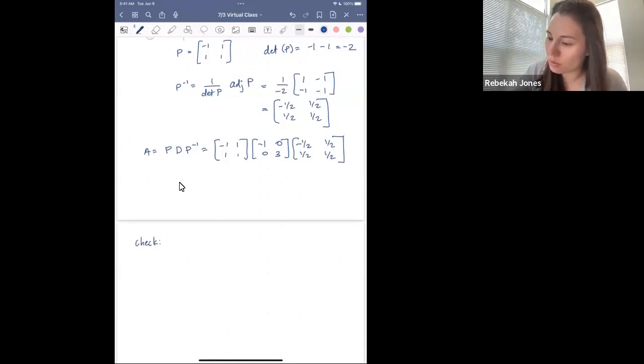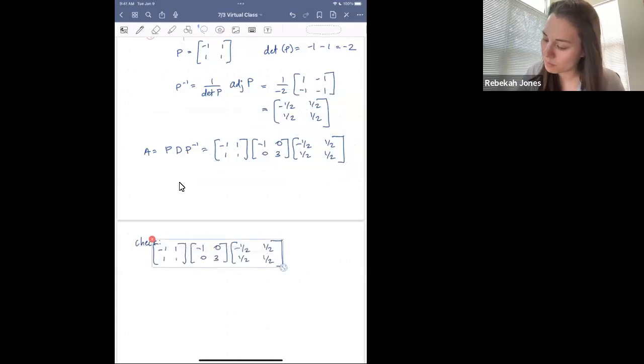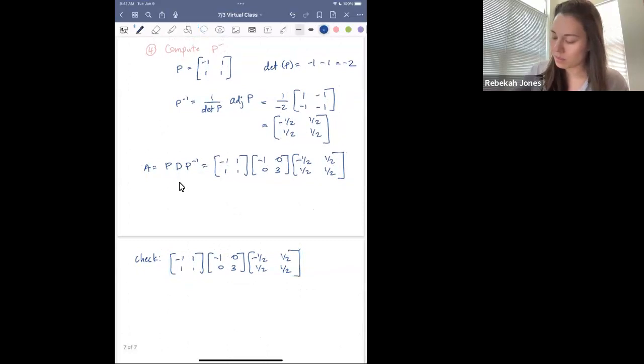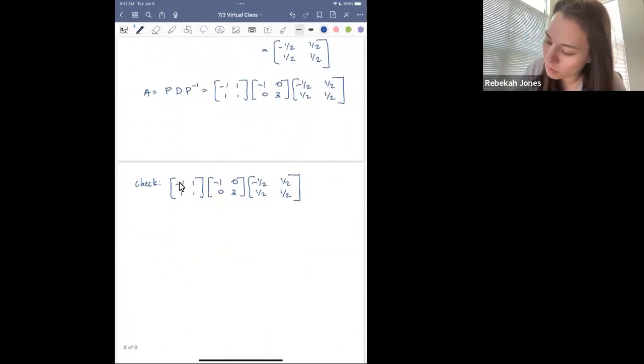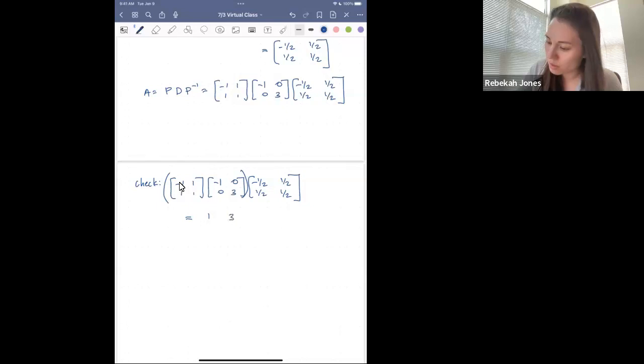So if we do, I'm just going to copy this. And maybe I'll start with multiplying these first two matrices together, right? And so what I'll get is just 1, and then 3, and then -1, and another 3.